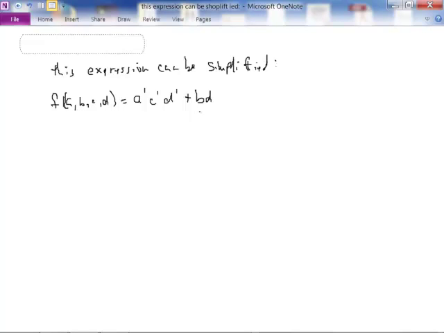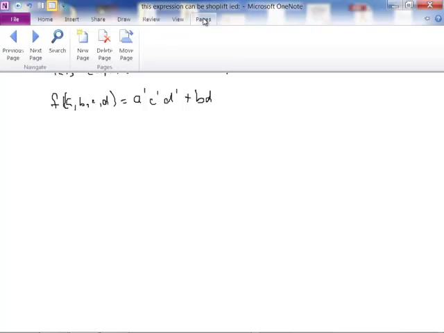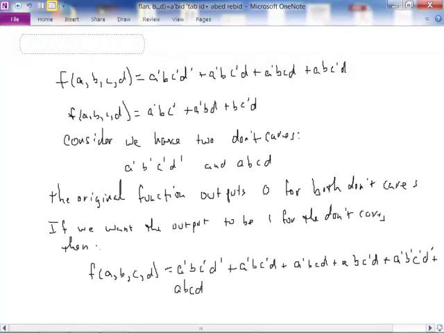So for example, the original function on the previous page, this one back here, carries the information 0, 0 because the don't care conditions are both 0 in this original function.